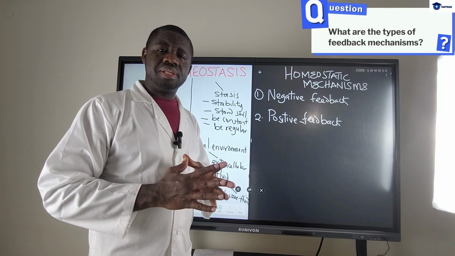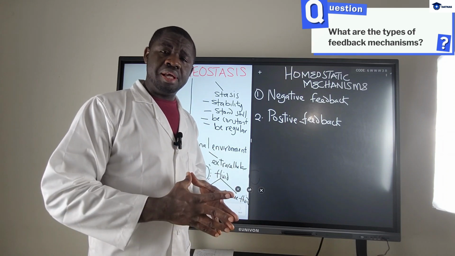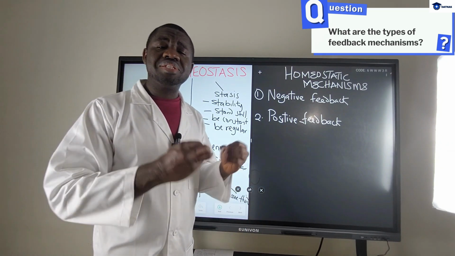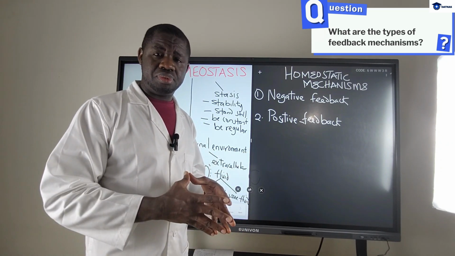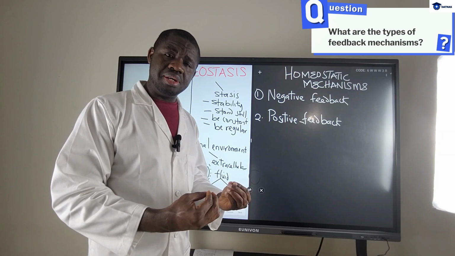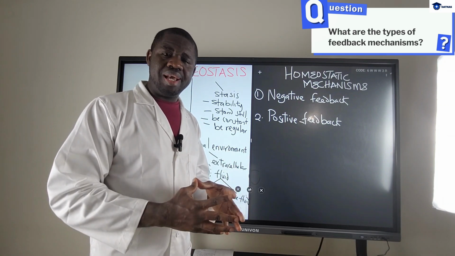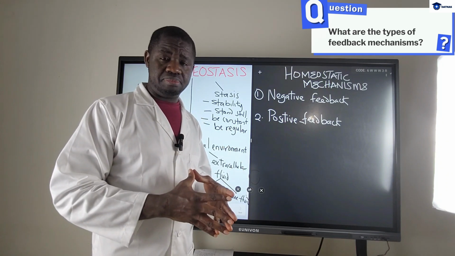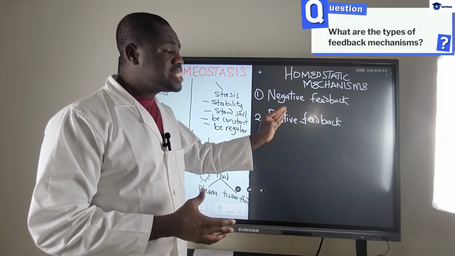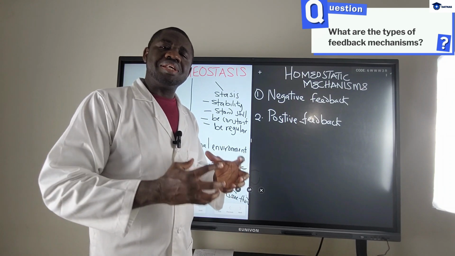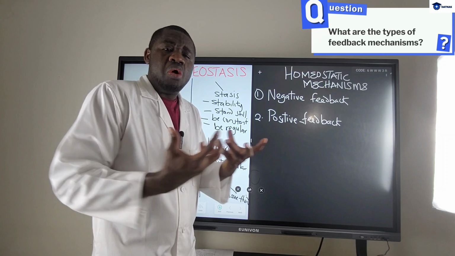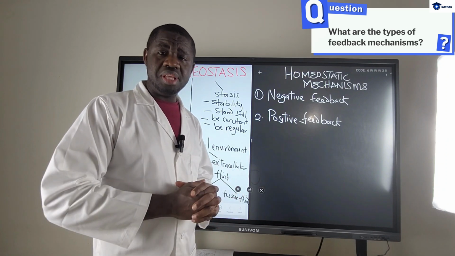Don't forget, in our last tutorial, when we were talking about the characteristics of life, we mentioned responsiveness as an important characteristic of life. Homeostasis is a way that the body responds to changes within the body.